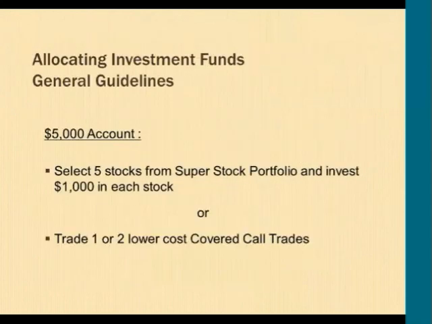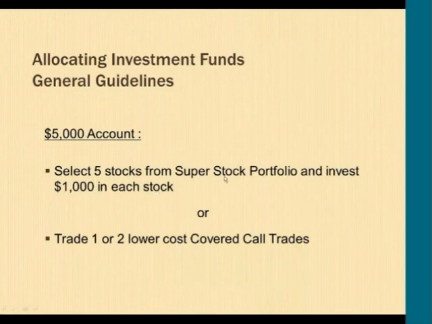So let's talk about now allocating our investment funds, and I've put together some general guidelines for portfolios you could use based on the size of your account. If you had a $5,000 trading account, you could select 5 stocks from the super stock portfolio and invest $1,000 in each stock.